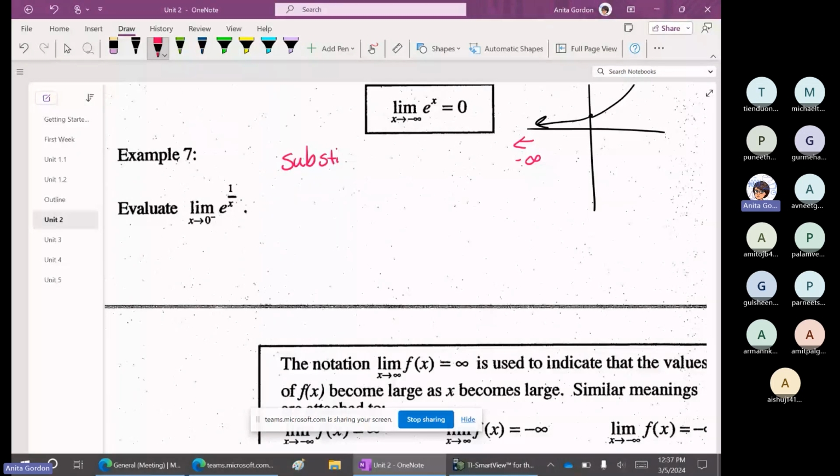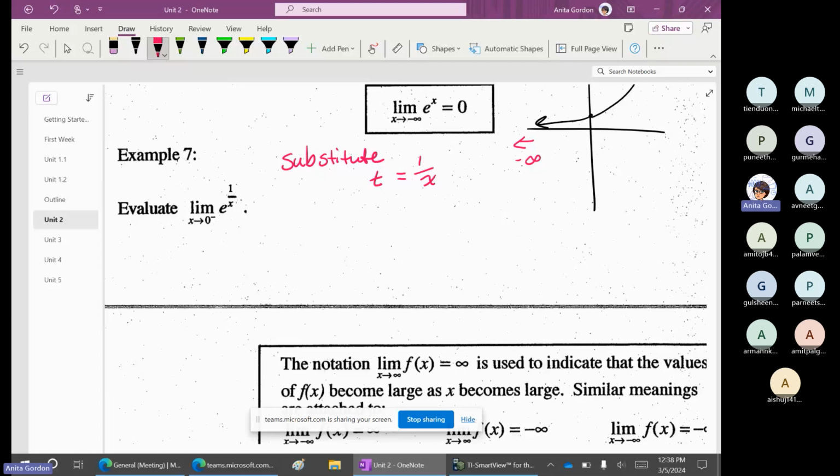Substitution. Let's use substitution. Substitute t equals 1 over x. Then what would you get? E raised to power 2. Oh, okay. So we're basically using the same formula where we're multiplying the highest power in the denominator.